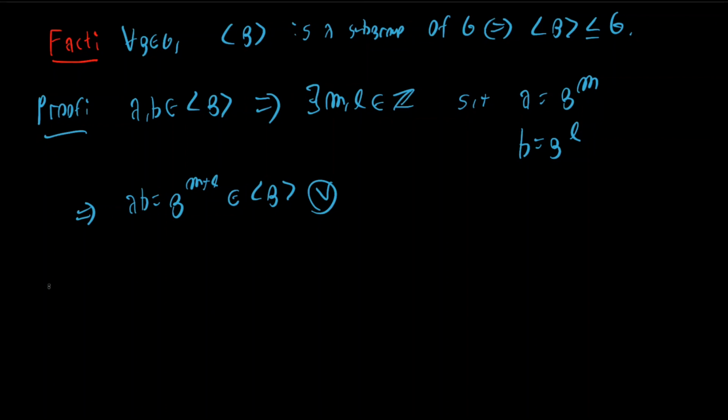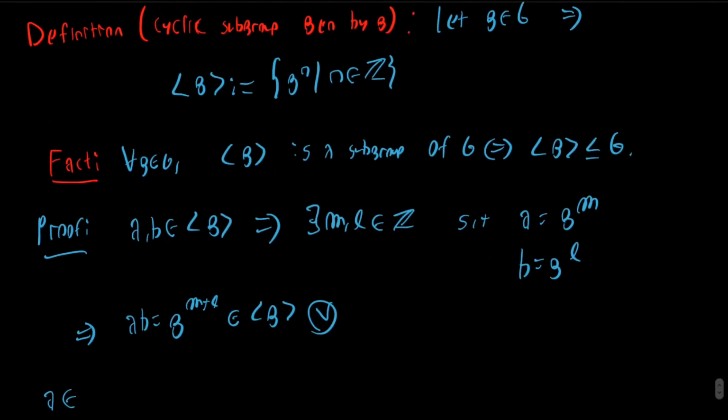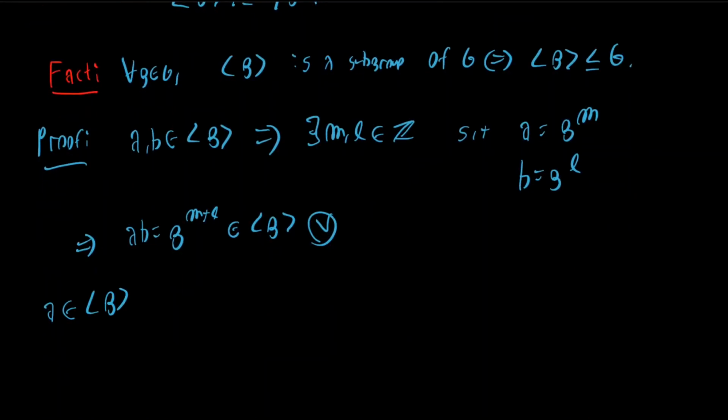Now the last thing that we want to prove is the existence of an inverse for each element of this ⟨g⟩, if you want to use LaTeX notation. Let's not call it a subgroup yet until we have proven it. If we have A in this set, then as before, A will be equal to G to the M tilde, where M tilde is an integer.